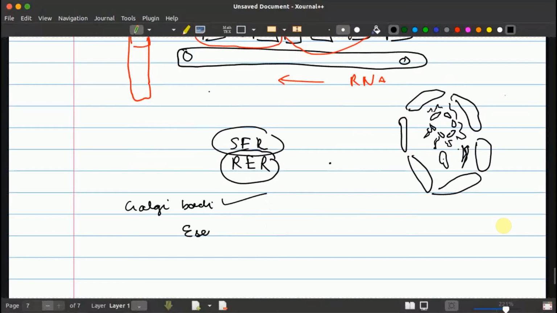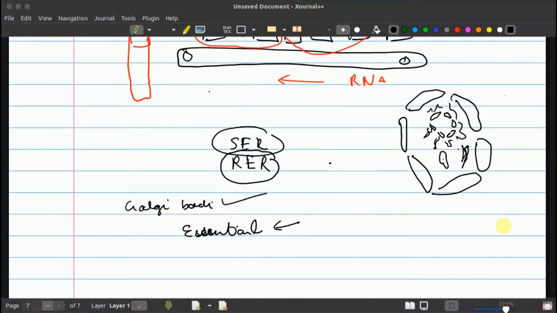Essential is something that your body requests from outside. Like you need to consume it. It's essential for your body. You don't make it. Non-essential is something your body makes. It is made by the Golgi bodies.